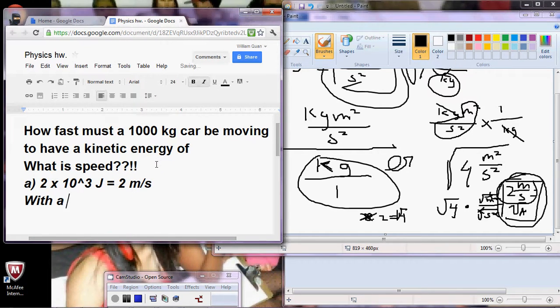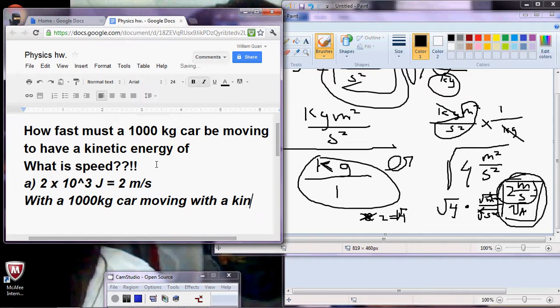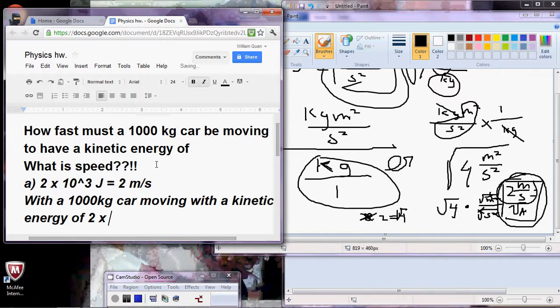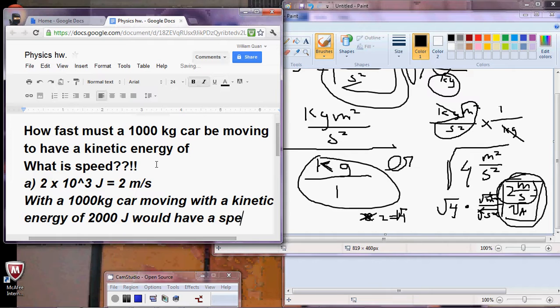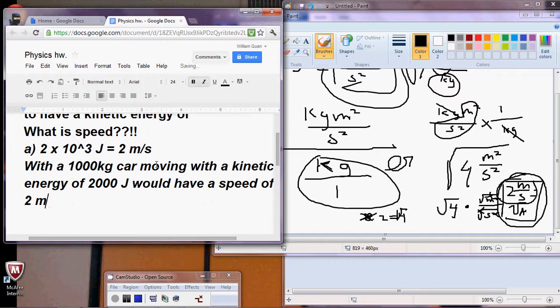With a 10,000 kilogram car moving with a kinetic energy of 2 times 10 to the third, which is also 2,000 joules, would have a speed of 2 meters per second. And that's how I would do it.